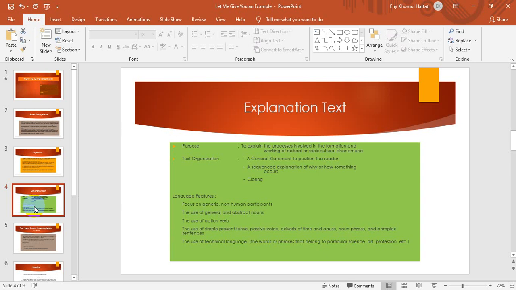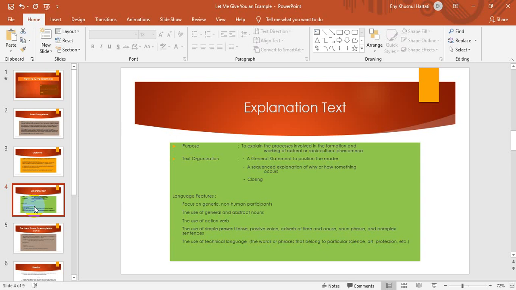And then about simple present tense. Yeah, I think this is the simple tenses. So I think you have known about this. Simple present tense. Okay, remember one more.